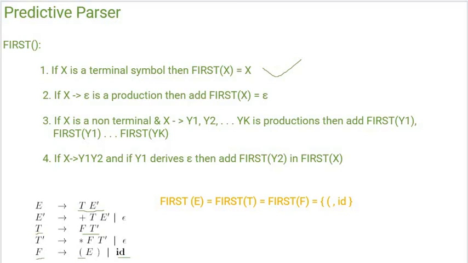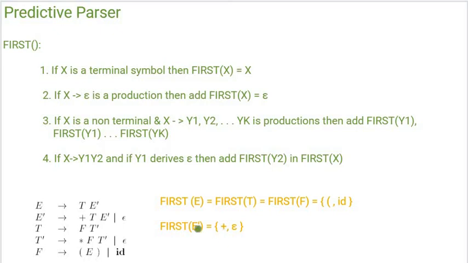Now next, let us try to calculate first of E dash. What will be first of E dash? First of E dash will be first of plus and first of epsilon. So what is first of plus?